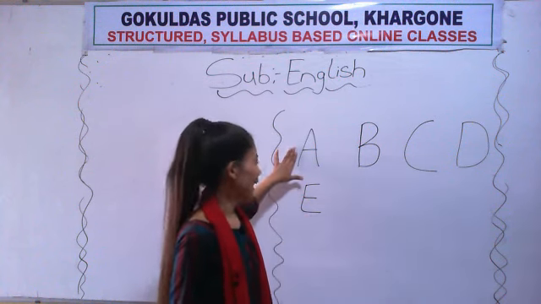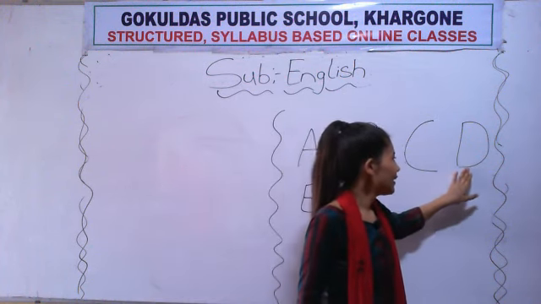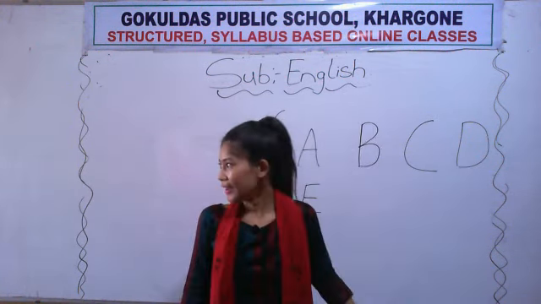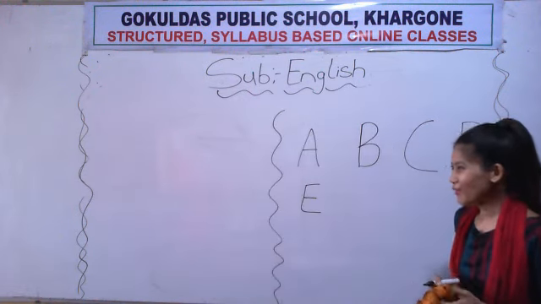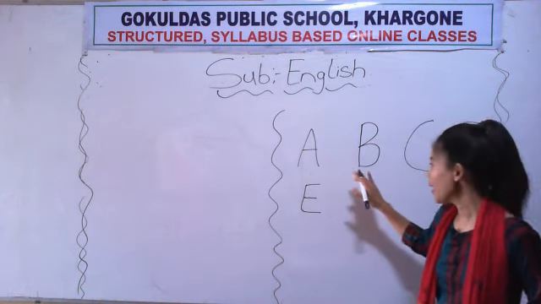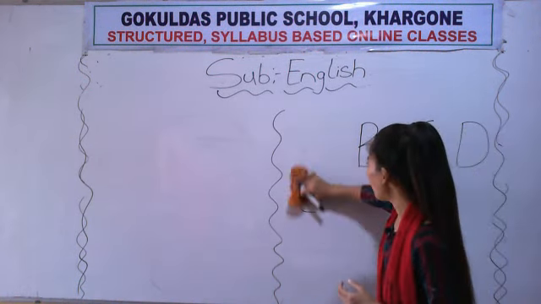E. A, B, C, D, E. Which letter is this? Letters A, B, C, D and E.